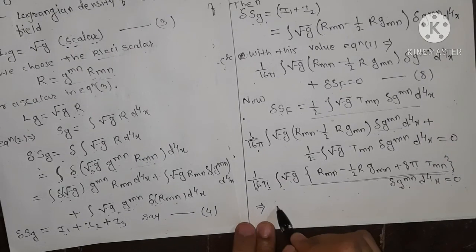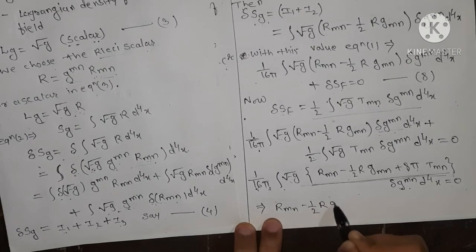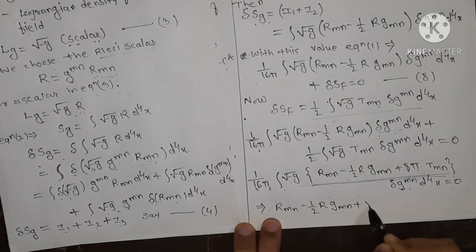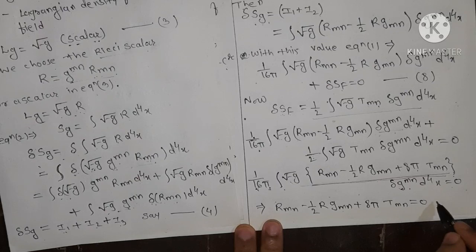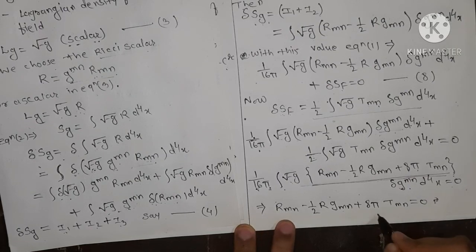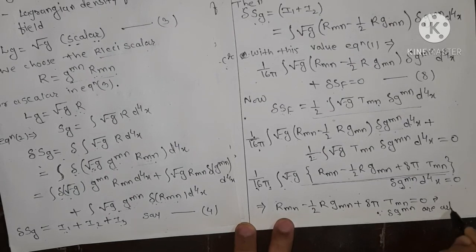So we take R mn minus 1 upon 2 R g mn plus 8 pi T mn equal to 0, since delta of g upper suffix mn are arbitrary.